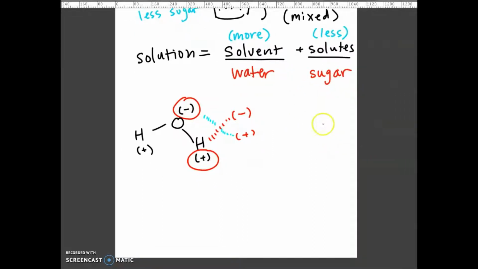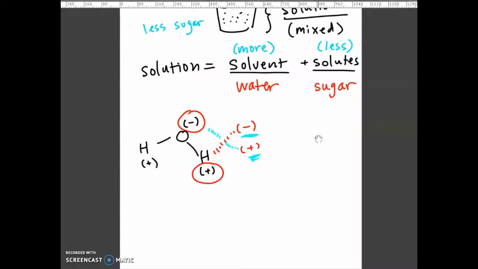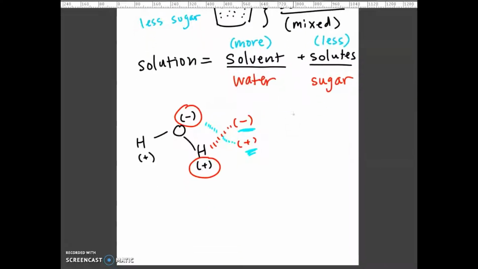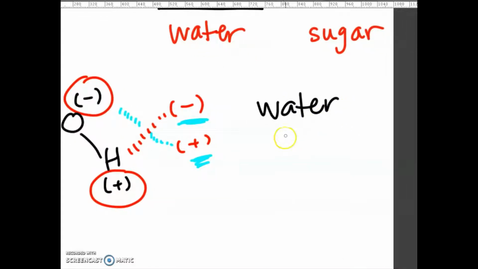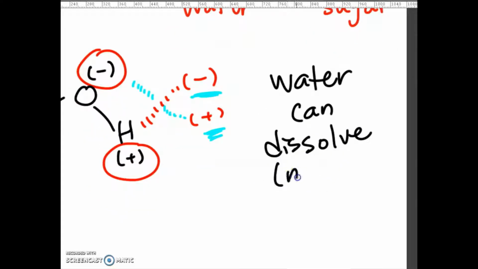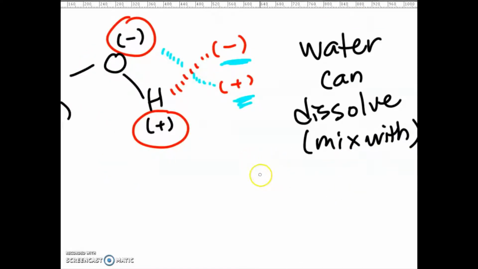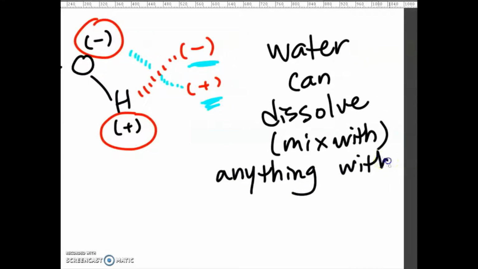This is why anything at all, like sugar and salt, sugar also has the positives, negatives, so does salt, so does many of the other items or other elements, other molecules we find in life. That is why water can interact with, dissolve, or mix with anything with a charge.